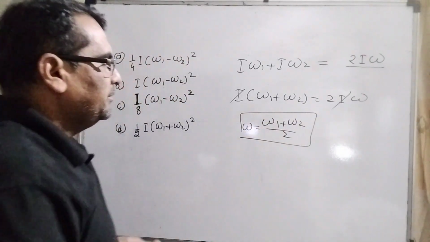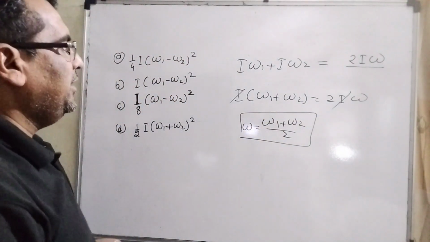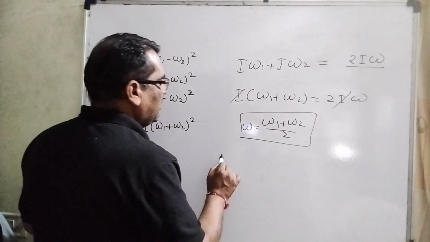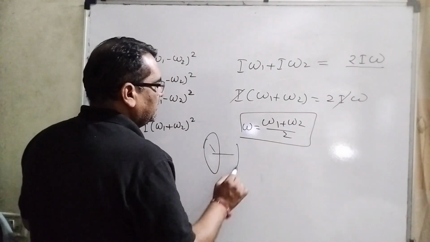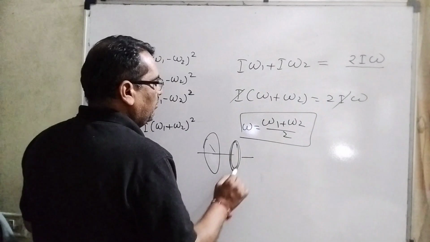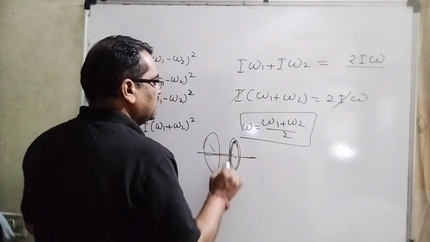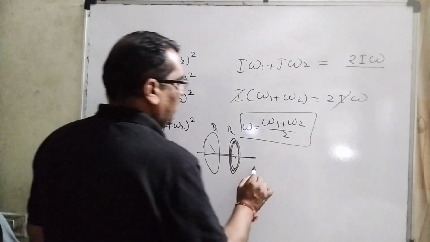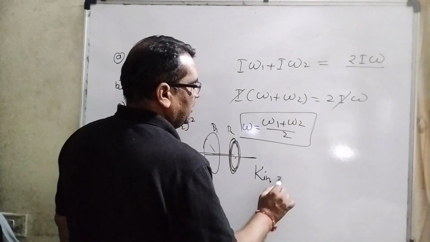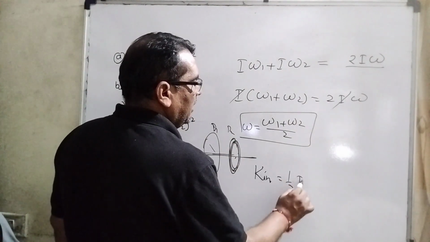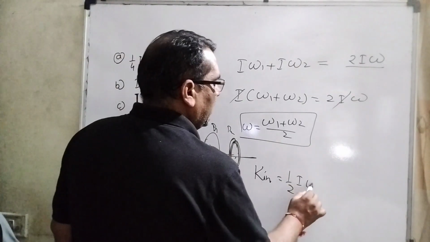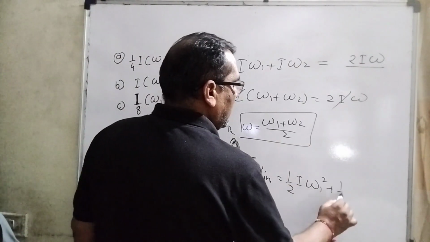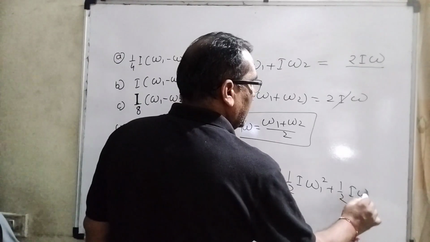Is it clear? Then the initial kinetic energy, when they are not combined together and are moving on the axis, disk D1 and D2, is half I omega 1 square plus half I omega 2 square.